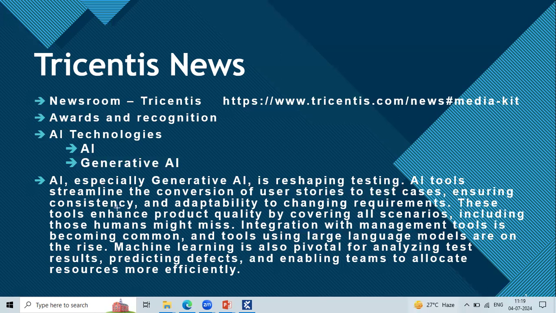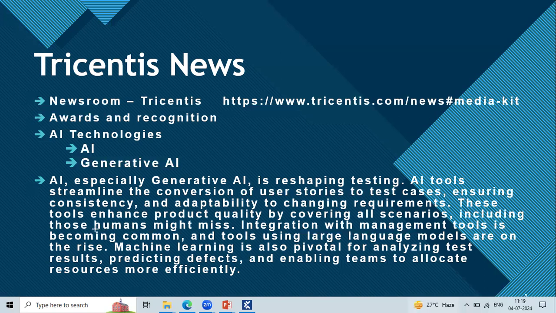AI tools streamline the conversion of user stories to test cases, ensuring consistency and adaptability to changing requirements, team. These tools enhance product quality by covering all scenarios, including those humans might miss.